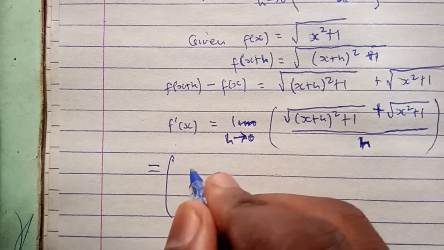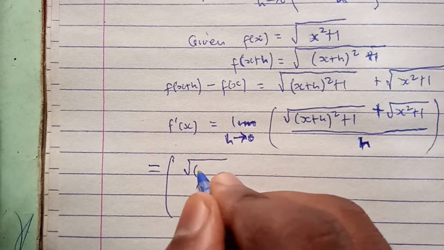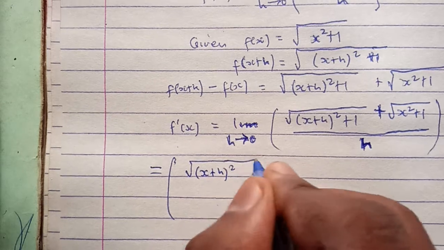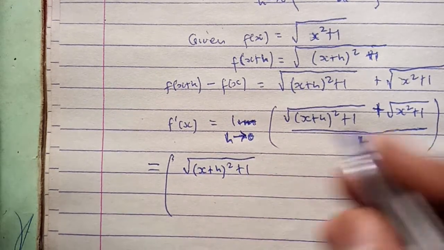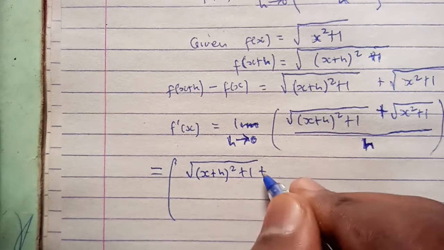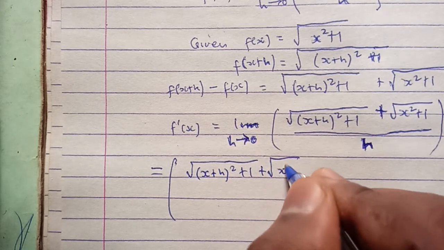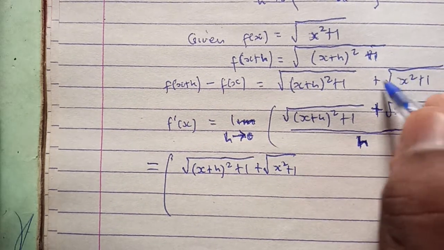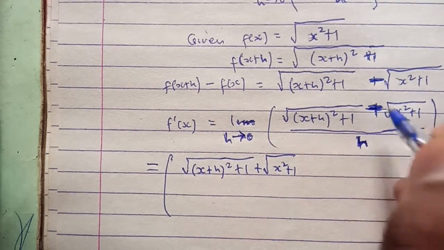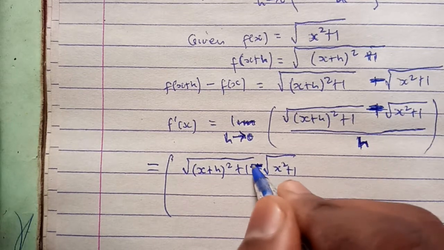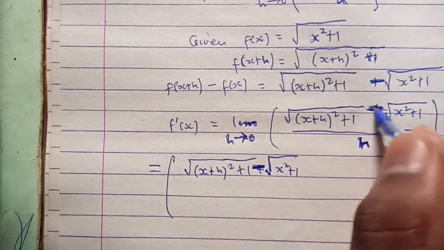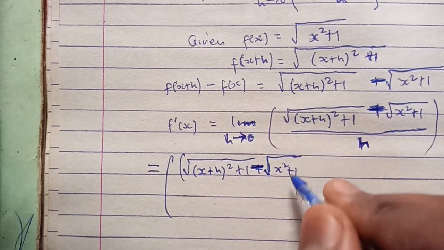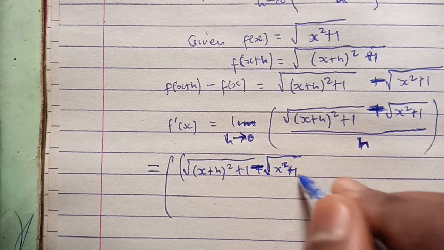So we'll bring our bracket, then we'll have square root of (x plus h) squared plus 1, then minus, sorry, it was minus, square root of x squared plus 1.